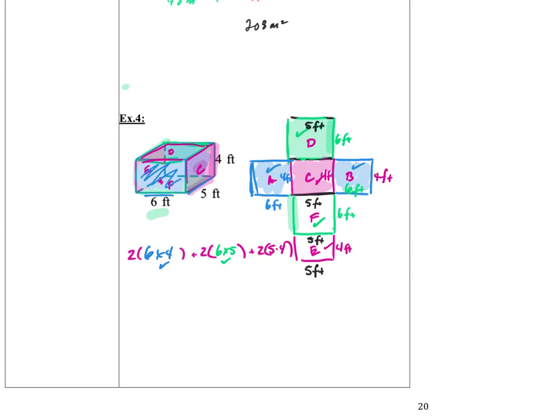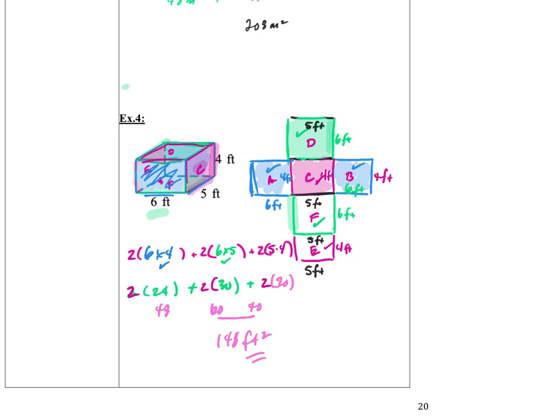Okay, so you could do that, and then you just say you have 2 times 24 plus 2 times 30 plus 2 times 20. Right? And so that's 48 plus 60 plus 40. It's 148 feet squared.